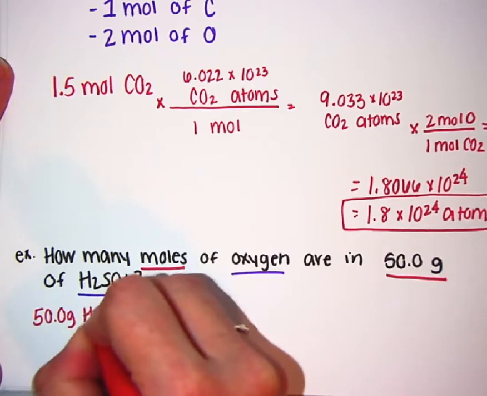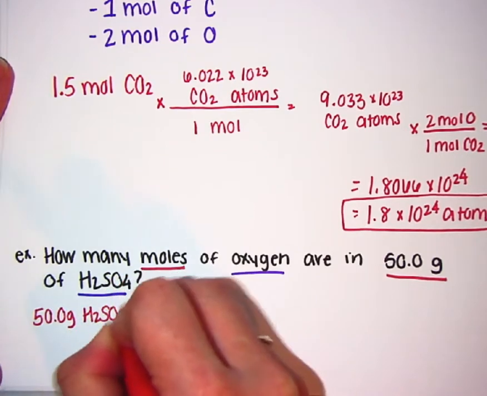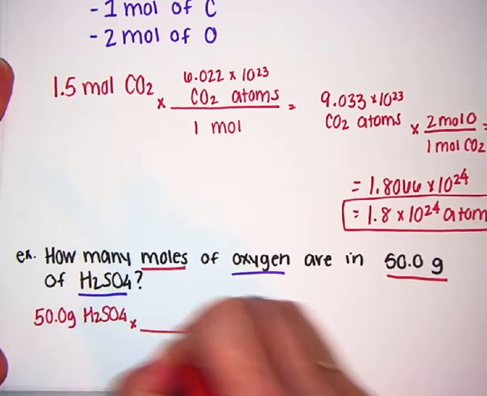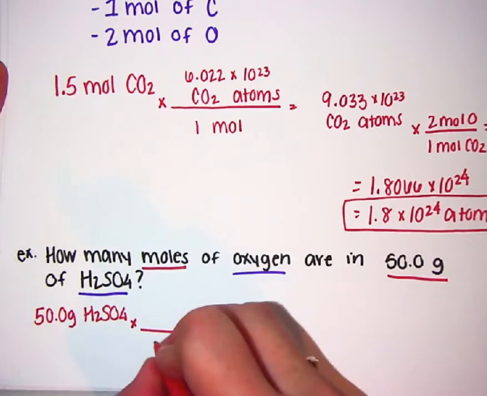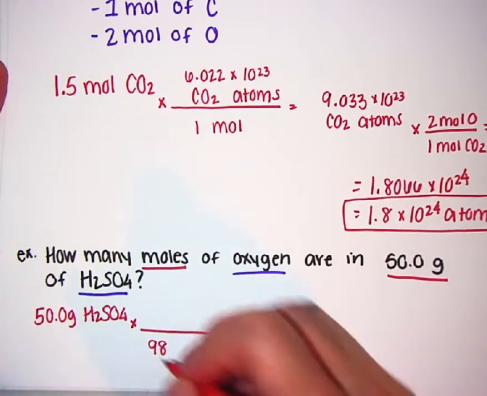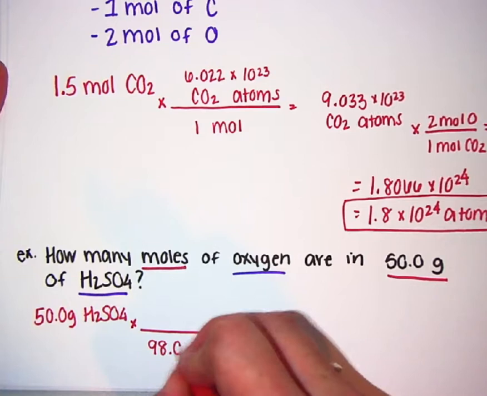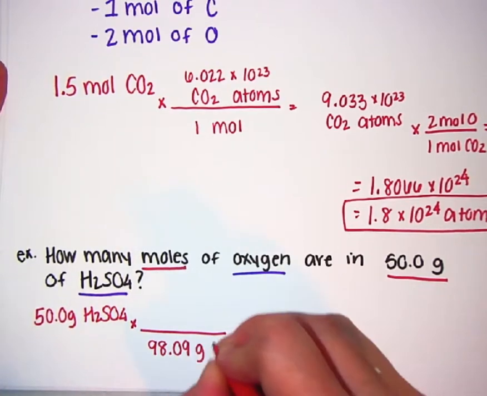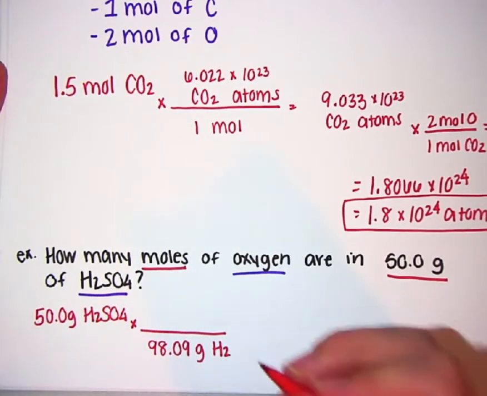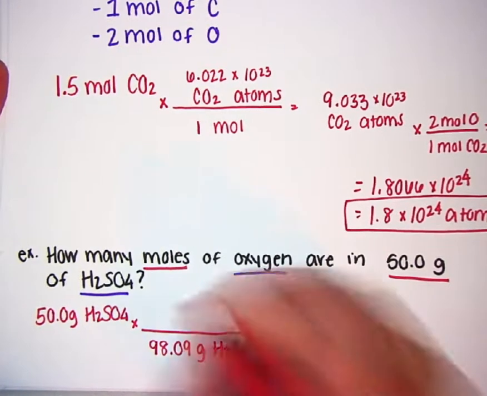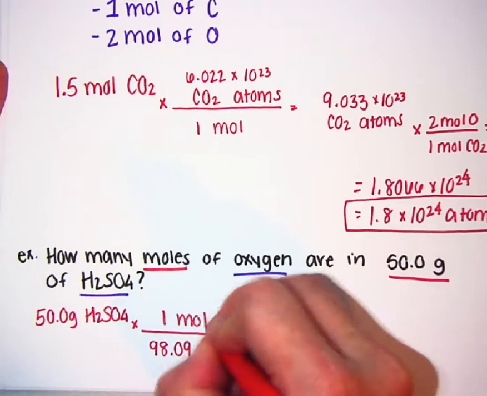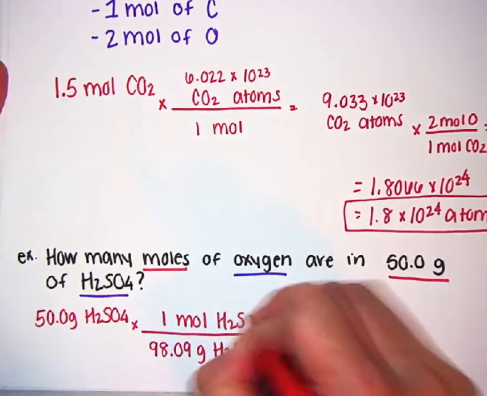50.0 grams H2SO4. First step, if we're going from grams to moles, is to plug in the molar mass, which is, this video is getting kind of long, 98.09 grams per every 1 mole.